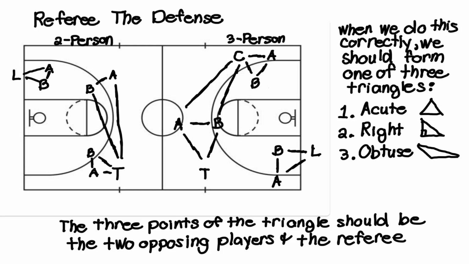Notice because of their excellent positioning, their positioning allows them to form triangles at particular matchups such that they can referee the defense. And in some cases, because of their excellent position, they can referee the defense of multiple matchups.